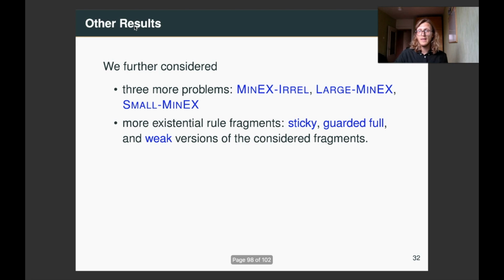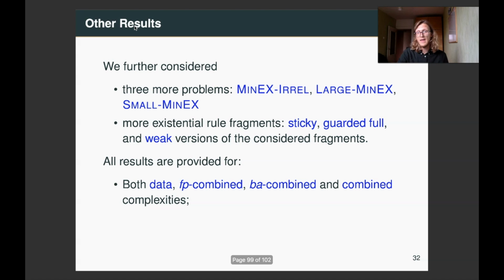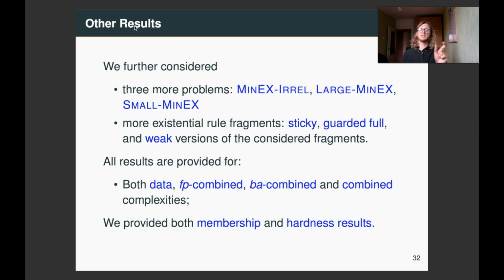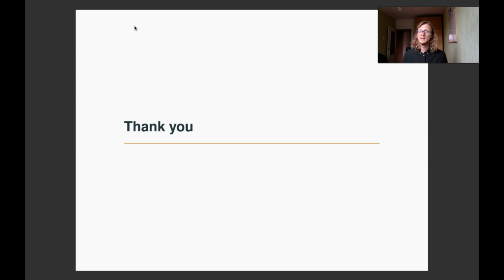And then we considered more existential fragments like sticky, guarded, full, and weak versions of considered fragments like weakly sticky, and so on. And then we provided, as we've seen, results for data, FP combined, BA combined, and combined complexities. In each of the tables, for each result, we provided both membership and hardness results. So thank you very much for listening, and please let me know if you have any questions. Thank you.